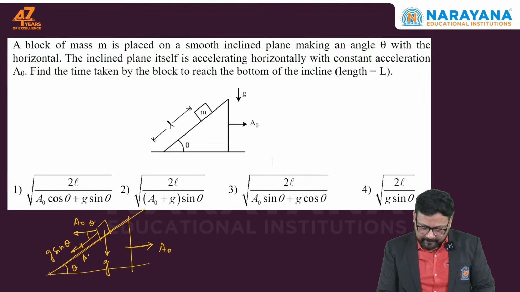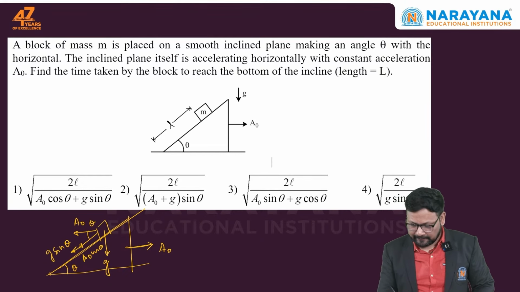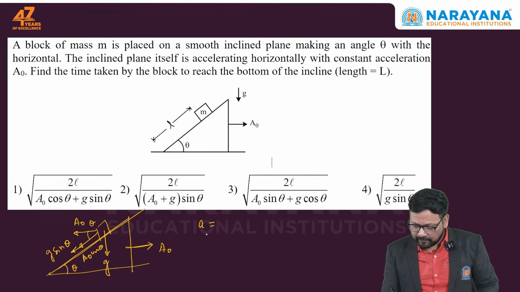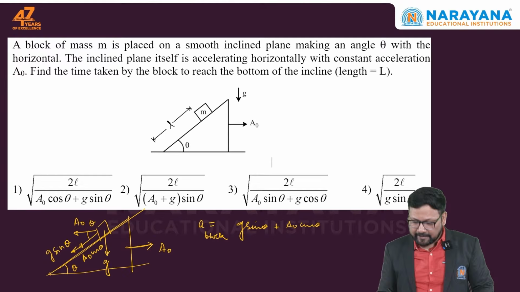So that will be a naught cos theta. There is no friction, there is no force opposing these two downward accelerations. There is no acceleration up the incline. So the acceleration with which the block will be moving is g sine theta plus a naught cos theta. And the displacement in the diagram, it is very much evident, L.